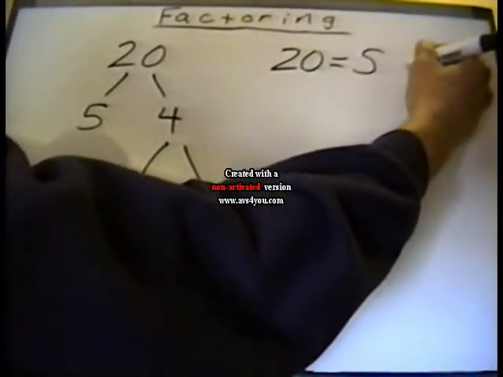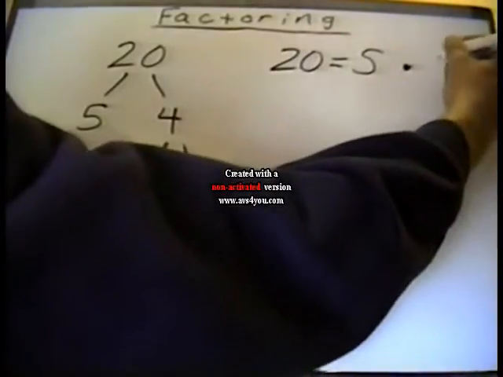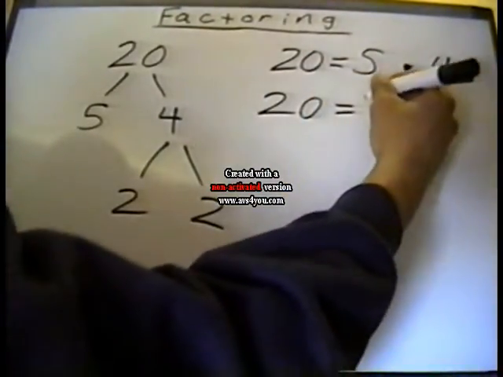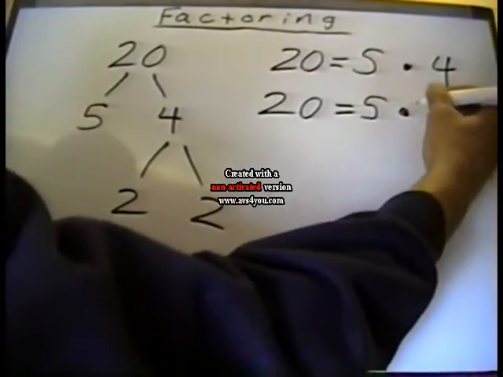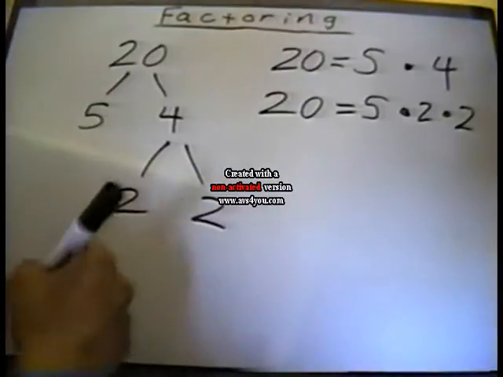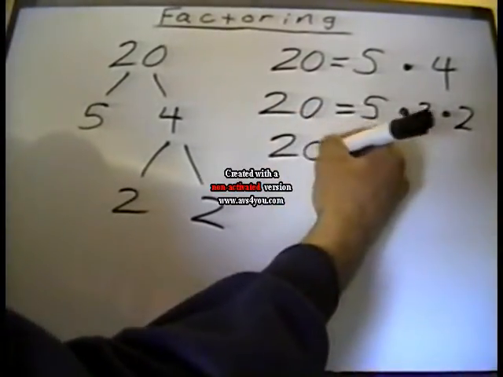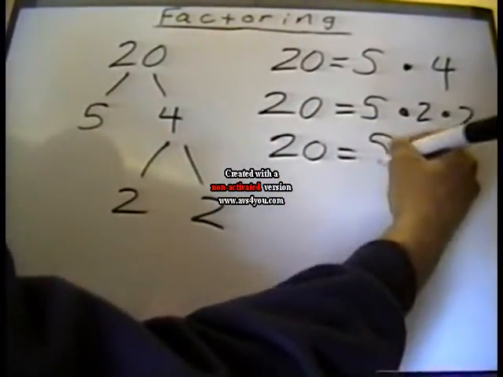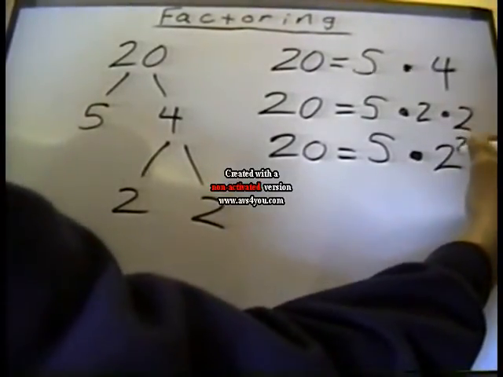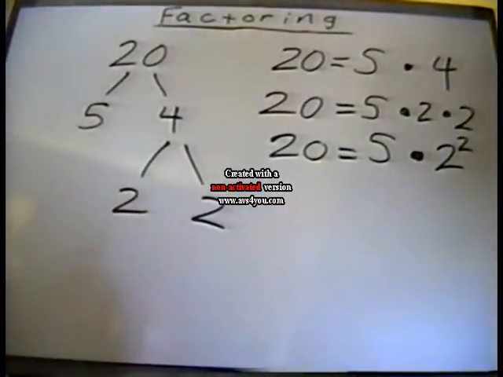So you can say that 20 is equal to 5 times 4. 20 is equal to 5 times 2 times 2. Or you can say 20 is equal to 5 times 2 squared, the square of 2.